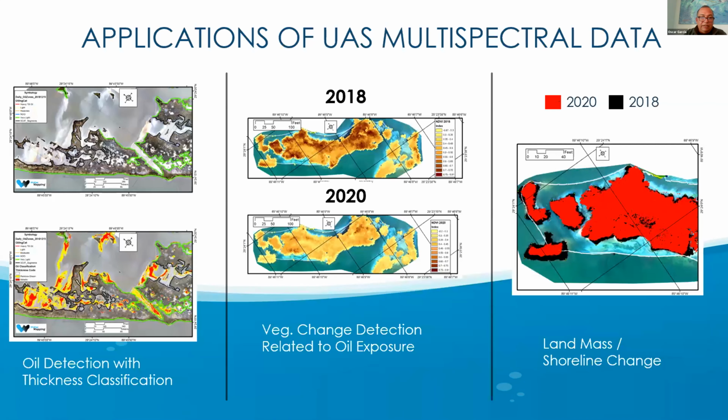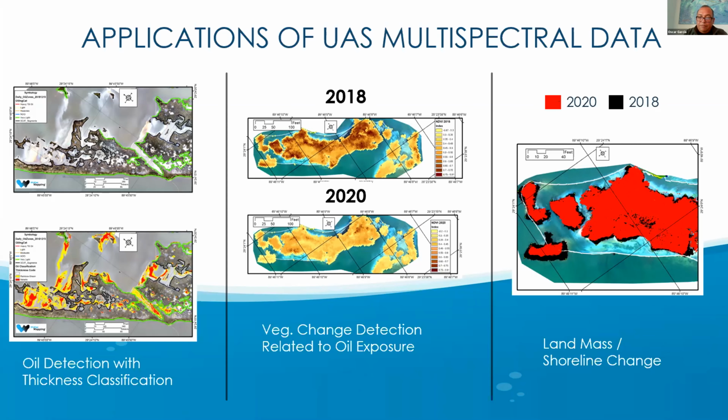So based on that, I can basically break down the application of multispectral data into these three areas, let's say. The first one is on your left, oil detection with thickness classification. For sure, we can use UAS to detect oil, where the oil is and how thick it is.